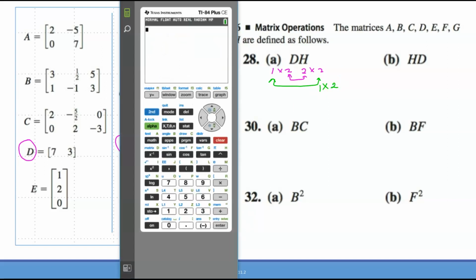We grab our calculator, and I have already put in the matrices to save us a little bit of time. So let's double check. Matrix D is that 7, 3. Matrix H is our 2 by 2.